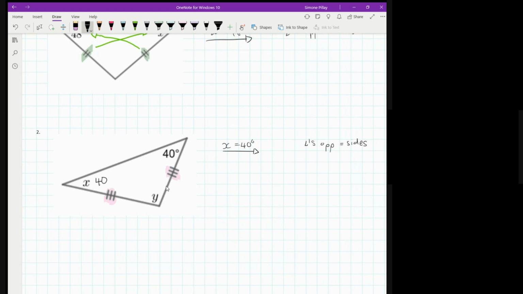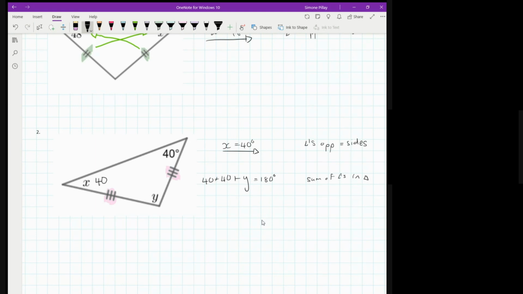Angles in a triangle are equal to 180. 100%. I know that the sum of angles in a triangle is equal to 180. So that means 40 plus 40 plus y should give me 180, right? Yes, ma'am. Okay.